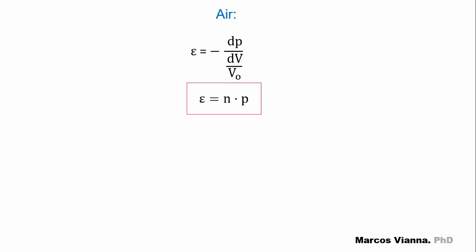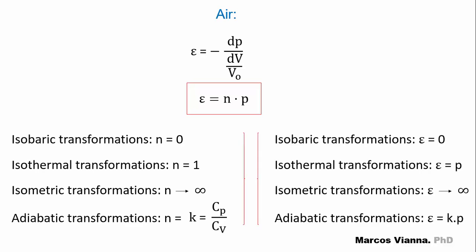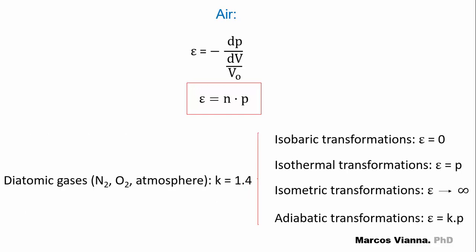So here is our equation, here are the polytropic indexes, and here are the values of the elasticity modulus for each gas transformation. In practice, since our studies are applied to atmospheric air, the polytropic index corresponding to an adiabatic transformation is 1.4.